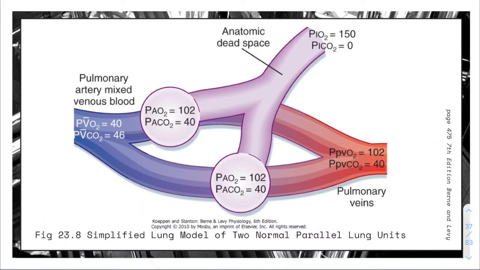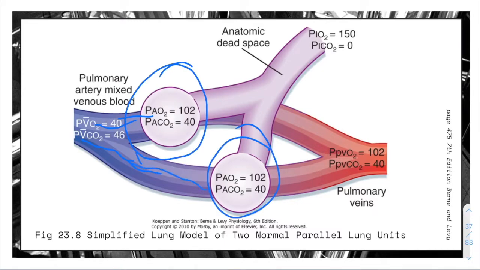This is a simplified lung model. It represents one respiratory unit and another respiratory unit. This is your pulmonary artery, which supplies blood, and there would be gas exchange at this level, and then it drains to your pulmonary vein.